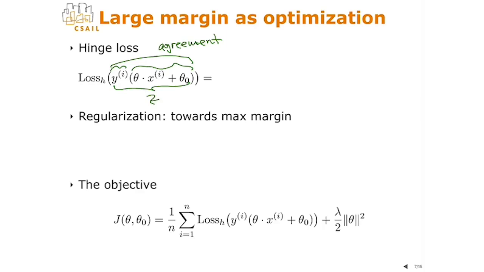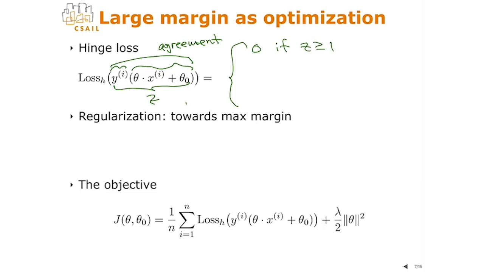Now, we also know that if the point lies exactly on the margin boundary, say for a positively labeled point, the linear prediction is 1, the label is 1, and the agreement value is exactly 1. If it lies on the correct side of the margin boundary, but beyond the margin boundaries, then the value of z, the agreement, will be greater than 1. So we can now define the loss of how much our preference to keep the points outside the margin boundaries is violated by saying that the loss is 0 if the agreement is greater than or equal to 1.